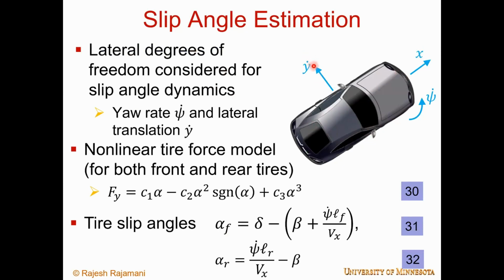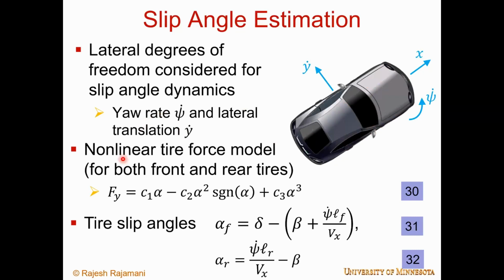The two degrees of freedom are the lateral translation and the rotation, the yaw rate psi dot. Typically you get either second order or fourth order equations, depending on whether you're only considering velocities or also positions.